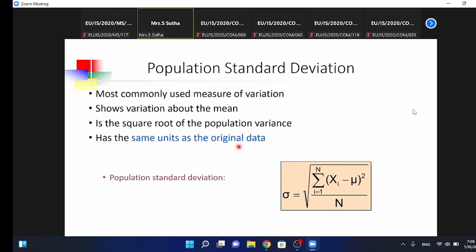So if a few outliers are there, the mean value will be affected by the outliers. Now, similarly, I am asking whether the standard deviation will be affected by the outliers. Yes or no?